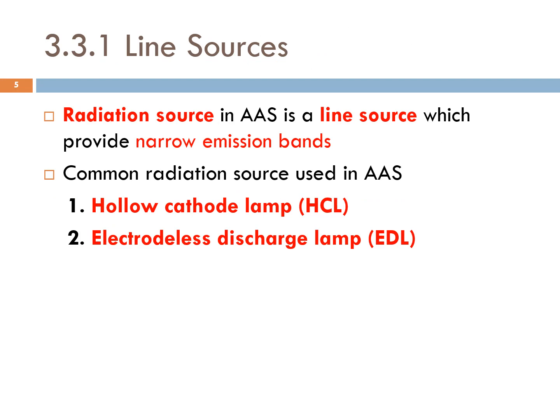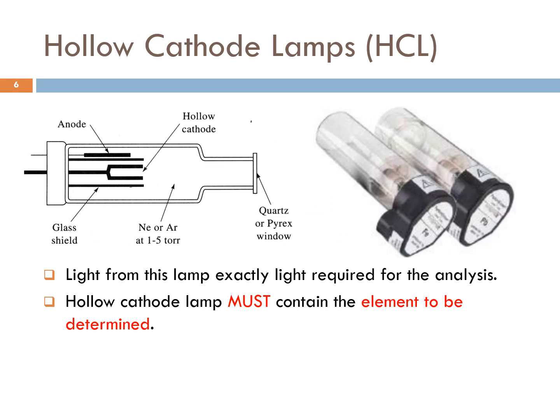Okay, line source. Line source yang kita gunakan dalam AAS, whether hollow cathode lamp ataupun electrodeless discharge lamp, in which line source ni akan provide narrow emission band. Okay, hollow cathode lamp. Dalam hollow cathode lamp ni dia akan ada anode yang diperbuat daripada tungsten, dan dia akan ada cathode here.